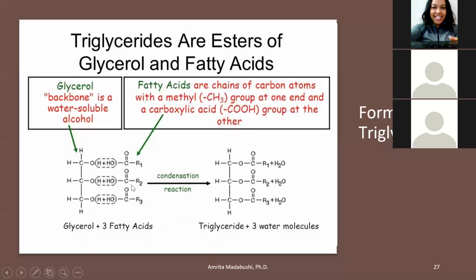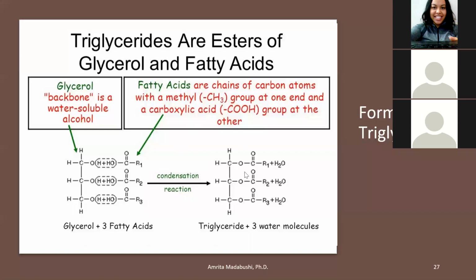You attach the fatty acid to it, the water goes away. You've seen how condensation happens when you put 2 glucose molecules together and a maltose is formed, water goes away. You're seeing the exact same thing here. Water goes away and you get this triacylglyceride.